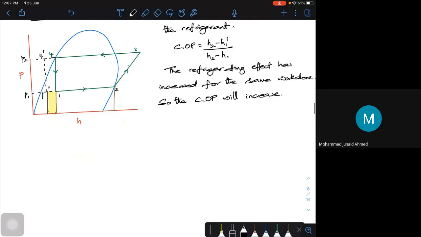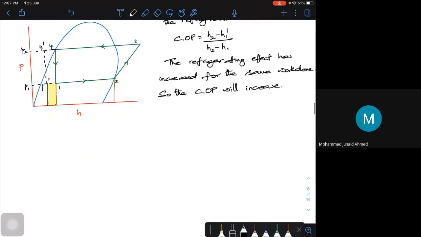Now, how is subcooling done? Let me write that. The subcooling is done by the following methods. Two methods are commonly followed.